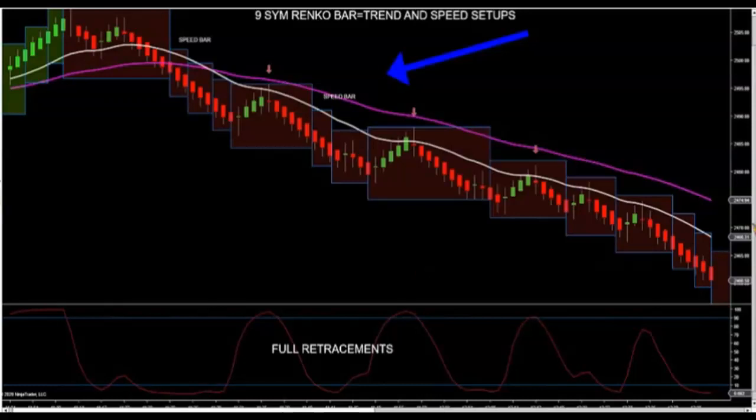What the trend box does is say, hey, we've got speed coming in the market on this specific time frame, so I want to look for the first retracement to get involved for a high probability trade.